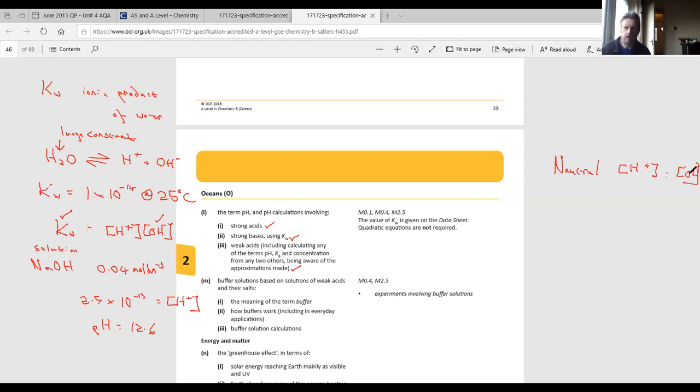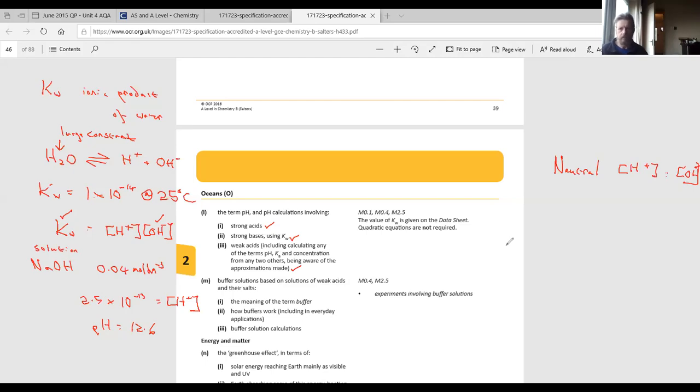So H plus equals OH minus in pure water. Doesn't mean the pH is 7 though. We can see about that. At room temperature though, it will be.